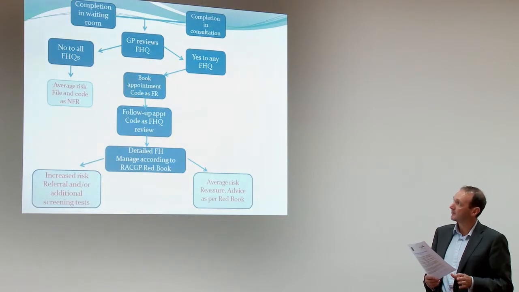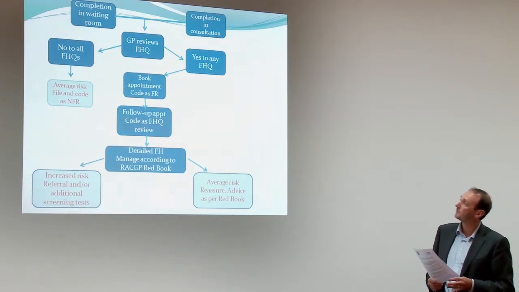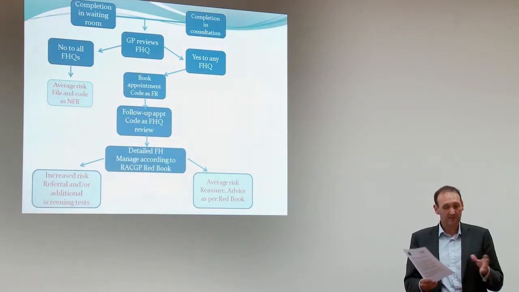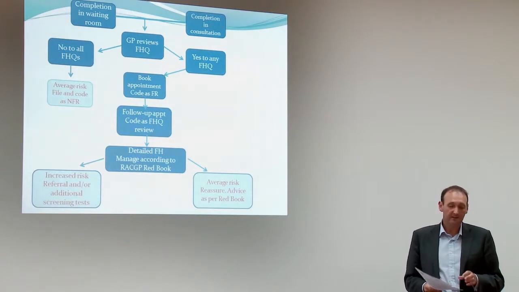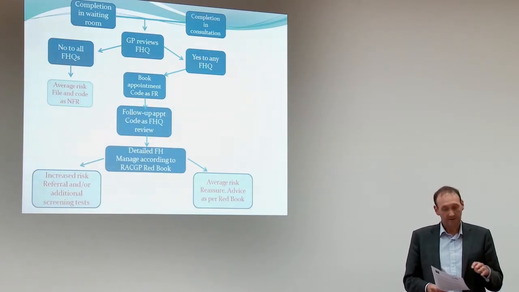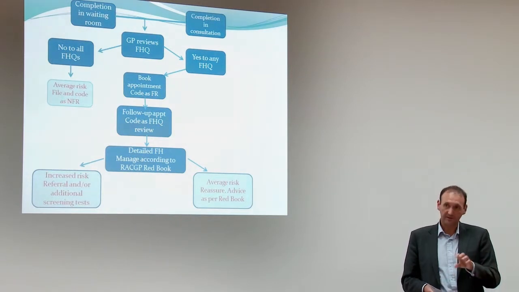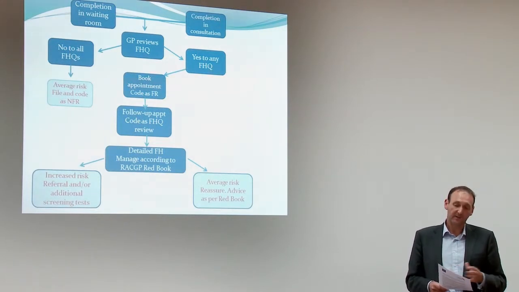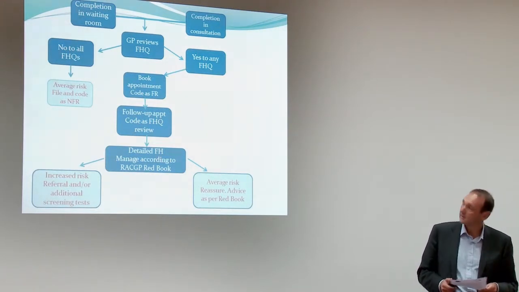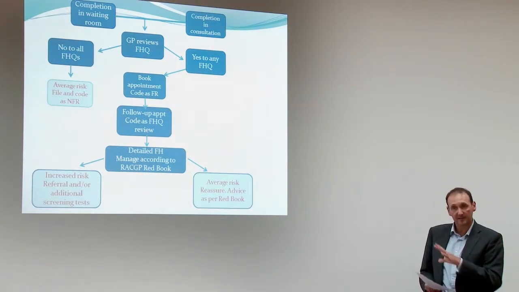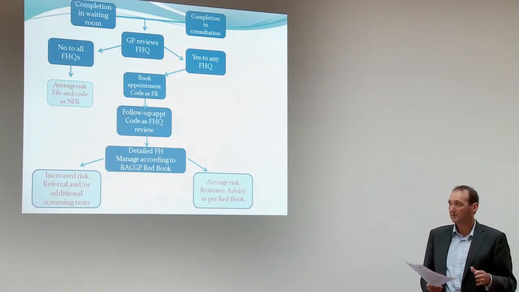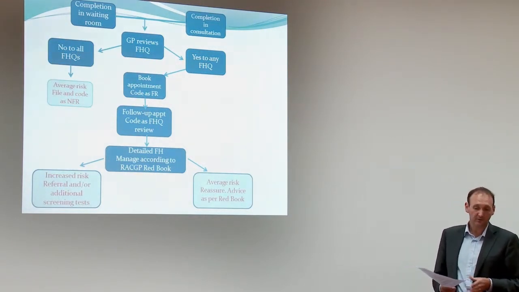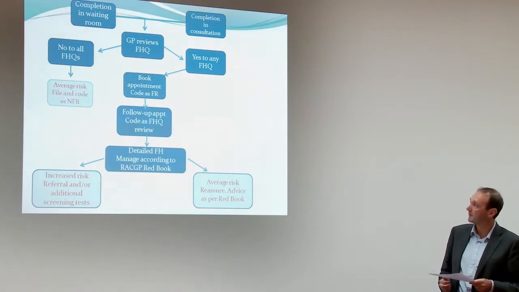And again it's really up for discussion within the practice as to how best this is going to work, whether you have a small number of clinicians doing this detailed risk assessment, or whether it's done by each individual practitioner. But essentially within that consultation they need to have a more detailed family history taken, and I'll go into the details of that in a moment, and then they'll be managed according to the current RACGP Red Book guidelines.